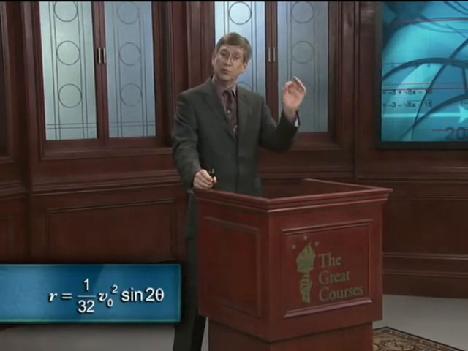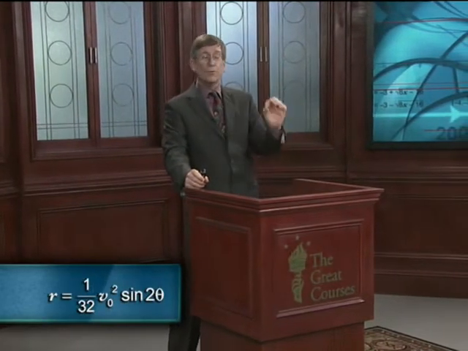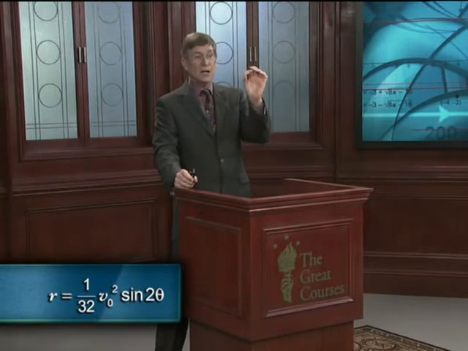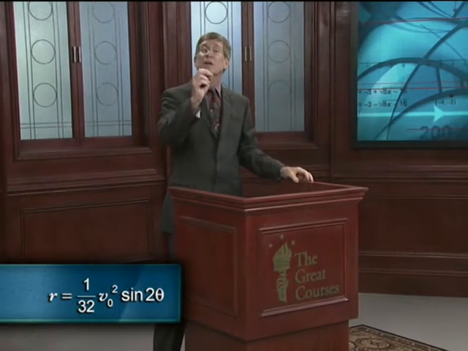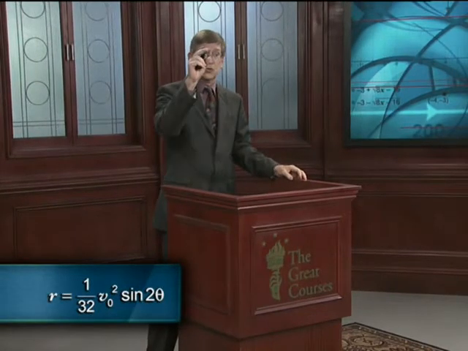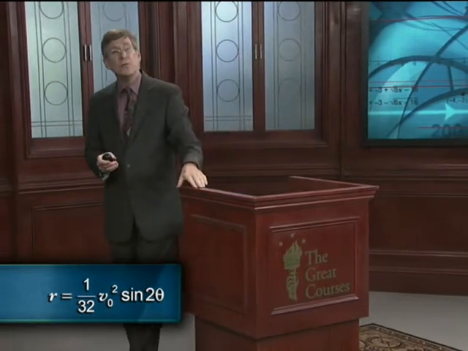Well, there's an equation that gives the range of a projectile, of this baseball. And the formula comes from physics. It's equal to range equals 1/32 times the initial velocity squared, and that's usually denoted v sub 0 squared, times sine of 2 theta.